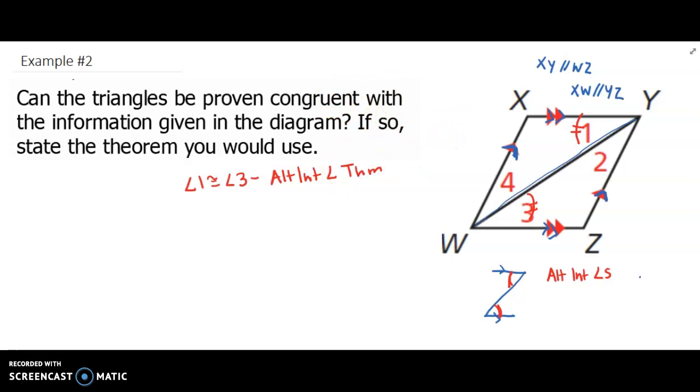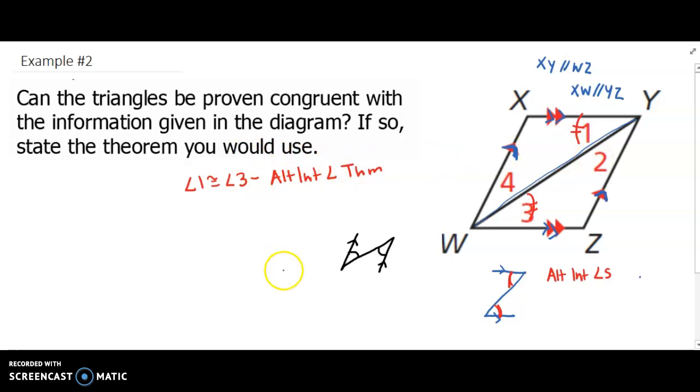Now let me look at XW and YZ here. And once again, I'm going to use that same transversal that goes right here. What do I know about this angle and this angle when these two lines are parallel, which they are?